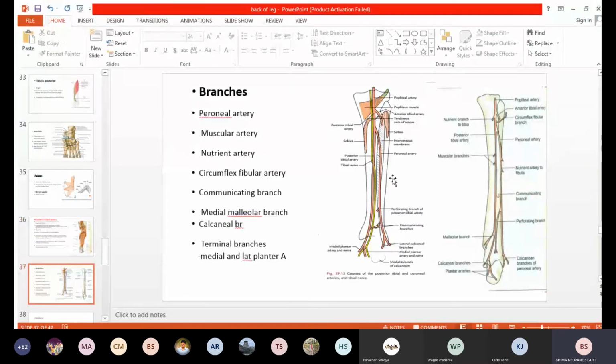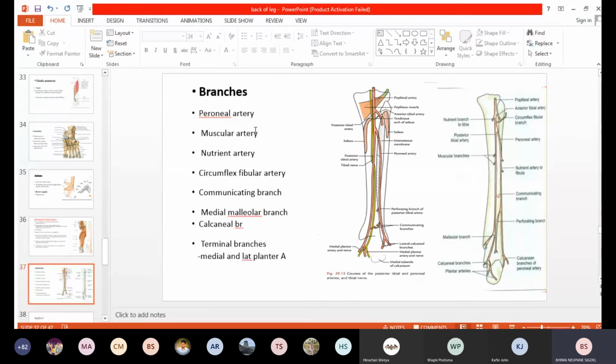Now the branches. Many branches are there in the posterior compartment. The first, most important and largest branch of the posterior tibial artery is the peroneal artery or the fibular artery, which supplies the lateral compartment of the leg. It arises just 2.5 or 2 cm below the lower border of the popliteus.